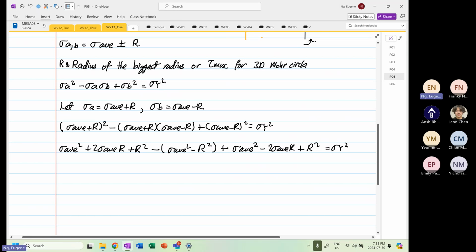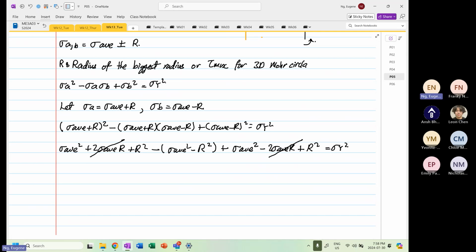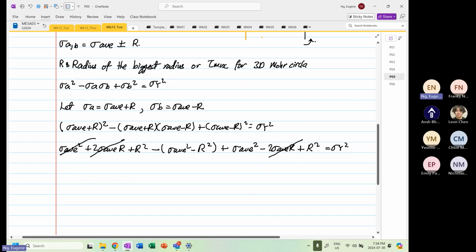So when we expand the term, what we can get rid of, we can get rid of this, we can get rid of this, right? The stress average squared. Okay, so stress average squared, you can get rid of this, we can get rid of this, right?